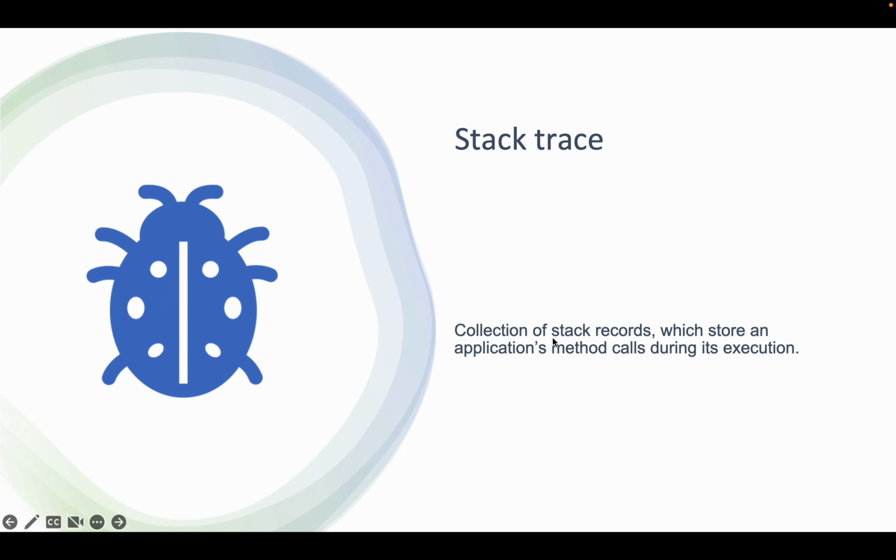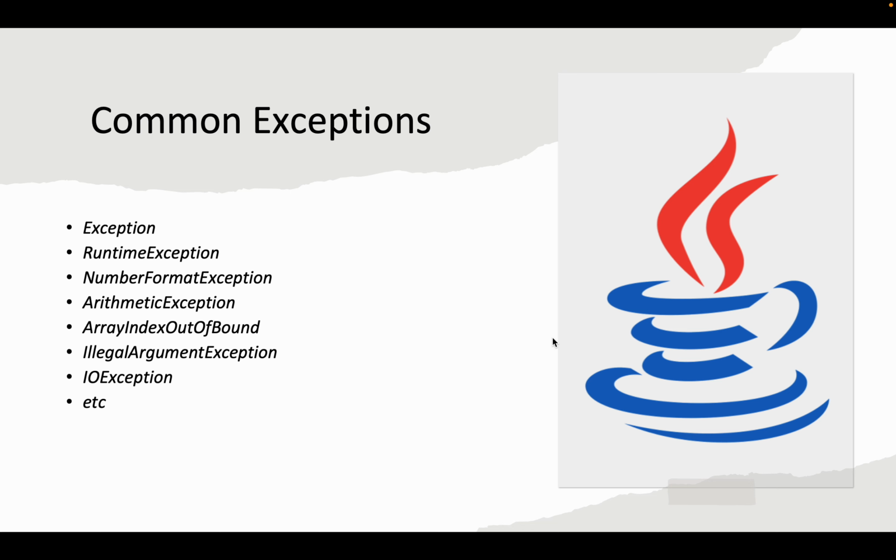Then stack trace. We have already seen what a stack trace looks like. Then common exceptions. We have the Exception class, which is second in the hierarchy after Throwable. Then we have runtime exceptions, which we mentioned are unchecked exceptions. Then we have NumberFormatException, which is normally thrown when the format required for numeric manipulation is not correct.